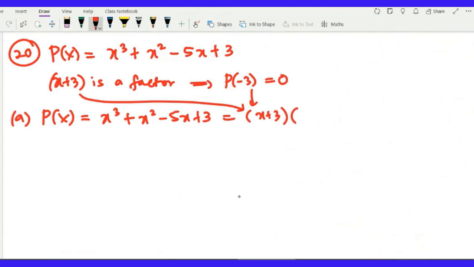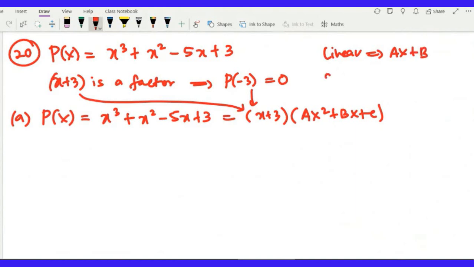So one linear factor must be paired with a quadratic so that the result becomes x cubed. A quadratic will take the general form of ax squared plus bx plus c. If it's linear, it takes the form ax plus b.